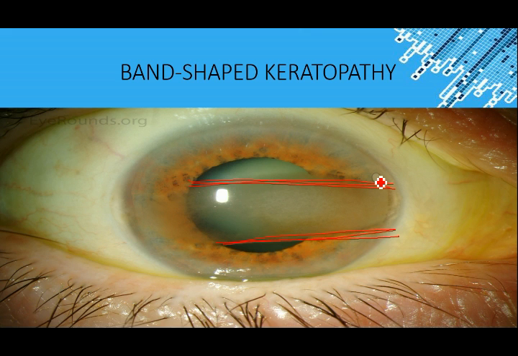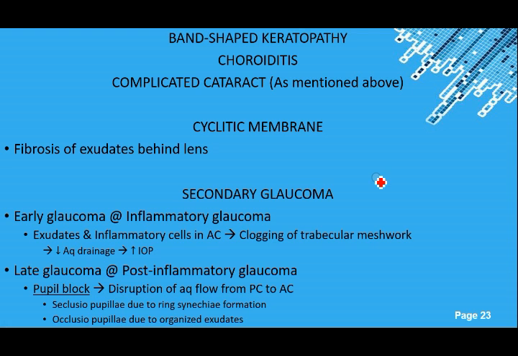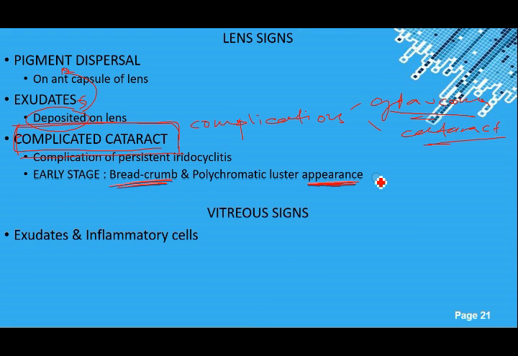What happens to the cornea? There is band formation. Then choroiditis, inflammation of the choroid layer. Complicated cataract, as I told you above, right? There's a lot of deposition of exudates and pigments on the lens that gives rise to the breadcrumb appearance.